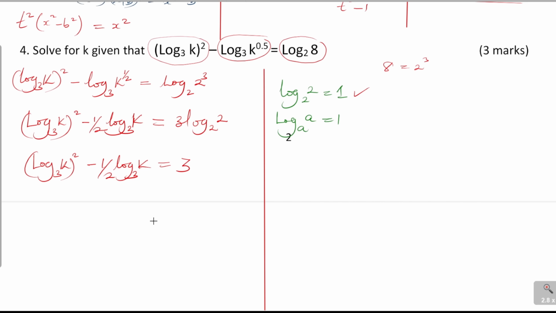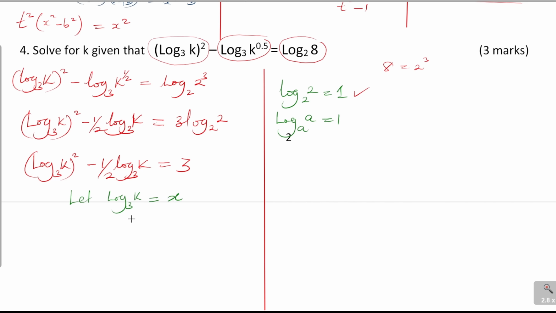Now after that, when you look at that equation the way we've done, we don't have any other way to simplify that. And what can help us now from here is simply forming a quadratic equation, whereby we shall let logarithm of k to the base of 3 be x, so that we may be able to simplify.